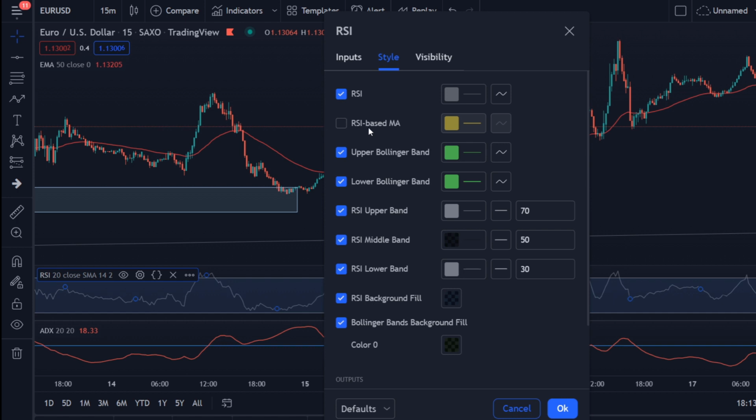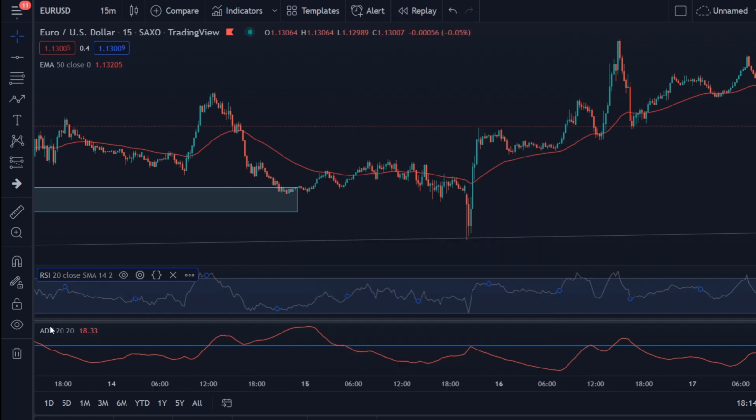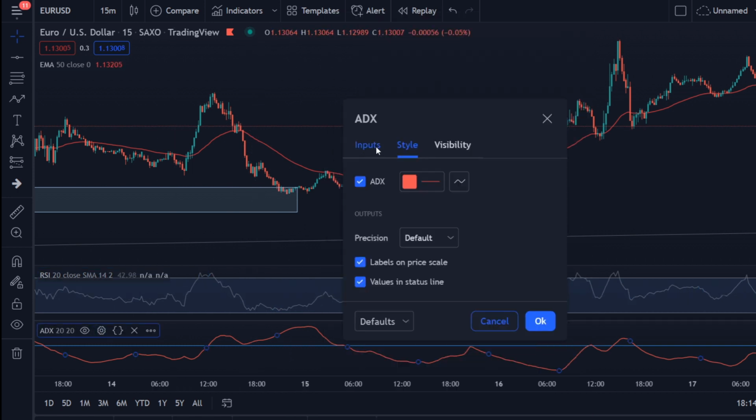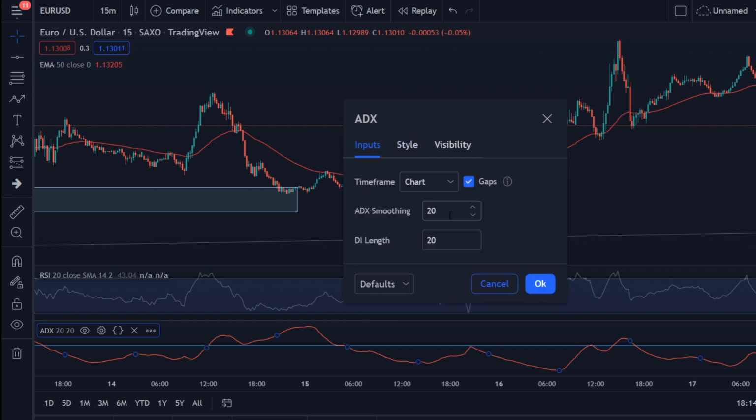And then I am disabling the RSI-based moving average. Then you can play around again with the colors if you like. I'm using gray. And then last but not least, the ADX. Make sure to adjust the ADX smoothing to 20 and the DI length to 20 as well.